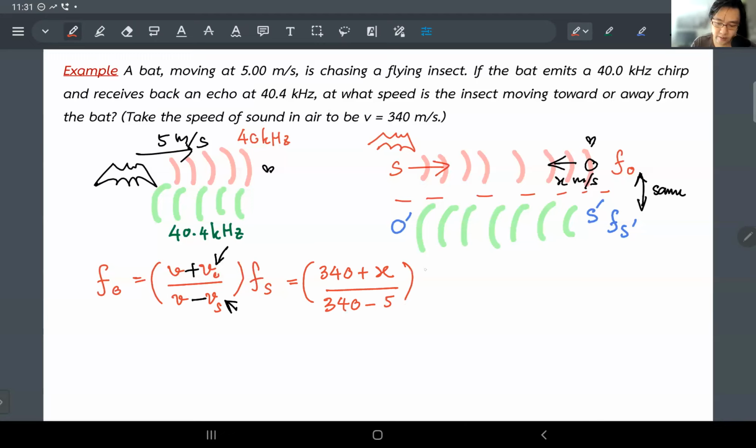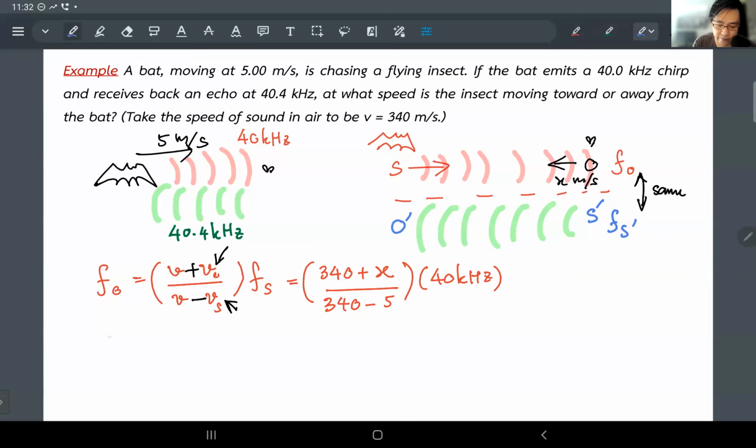And then f sub s, the frequency of the source, is going to be 40 kilohertz. There you go. You are done for the first half. But of course, you still don't know how to deal with this because we have two unknowns, f sub o and the x. Let's move on to the second half.